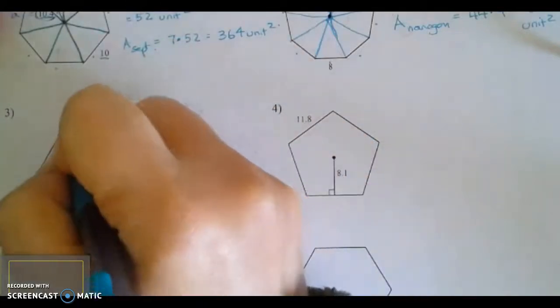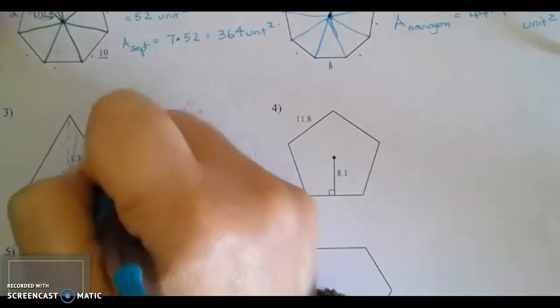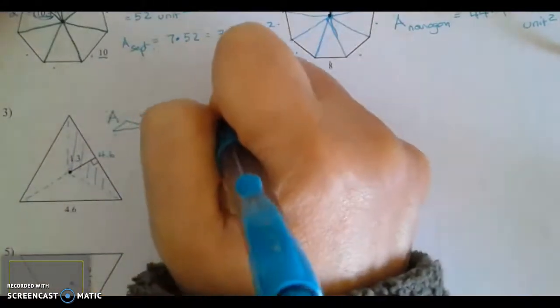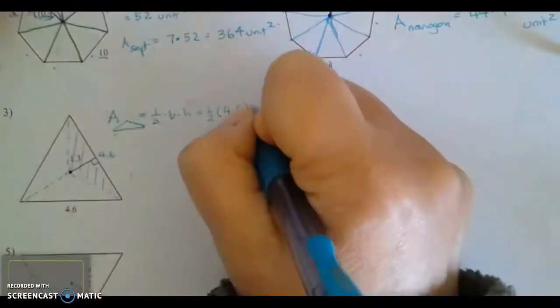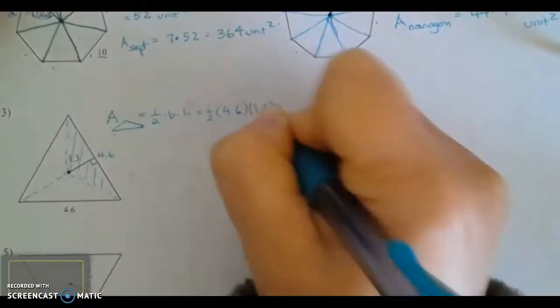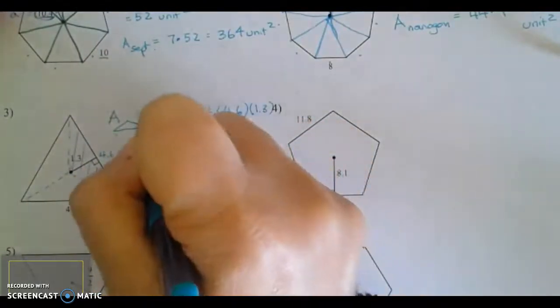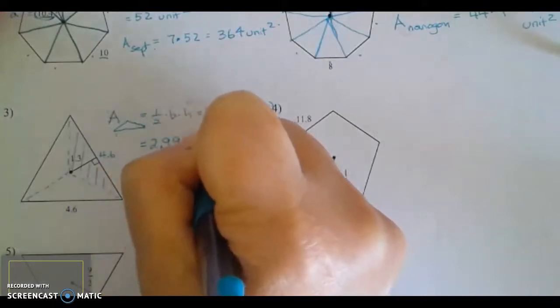What is the base of this triangle here? The base is the same as the side length, since we know this to be a regular polygon, so it's going to be half times 4.6 multiplied by the height, 1.3. And if I use my calculator, I get 2.99 units squared.